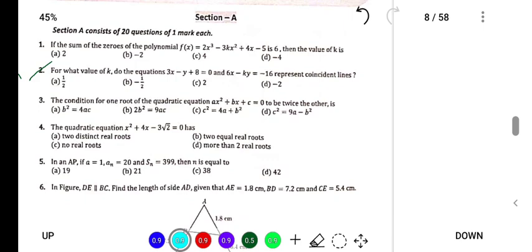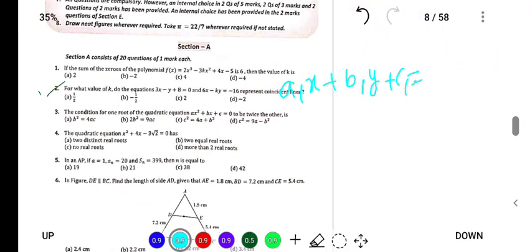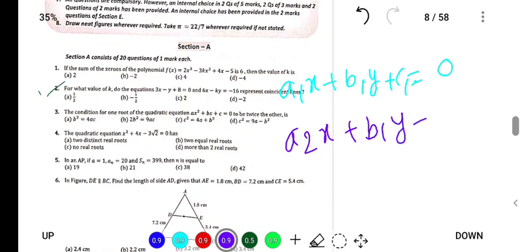Number 1, you can see in the book, if two equations are there, a1x plus b1y plus c1 is equal to 0, this is one equation, and a2x plus b2y plus c2 is equal to 0.